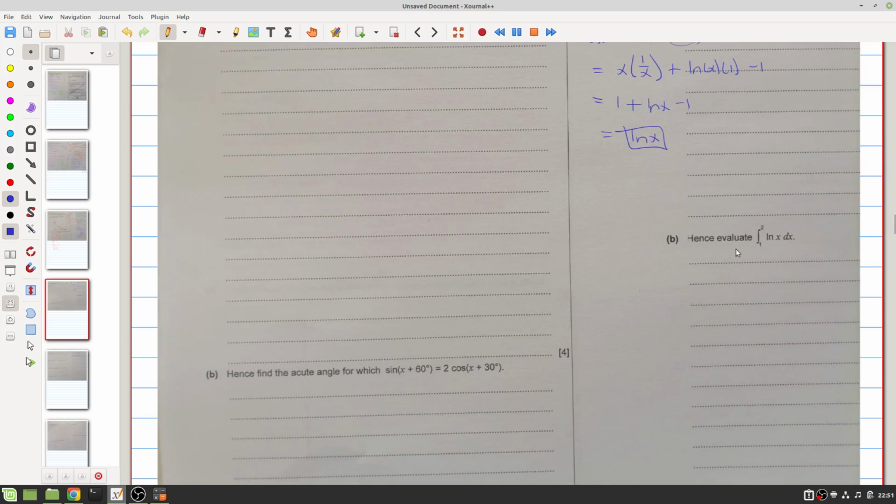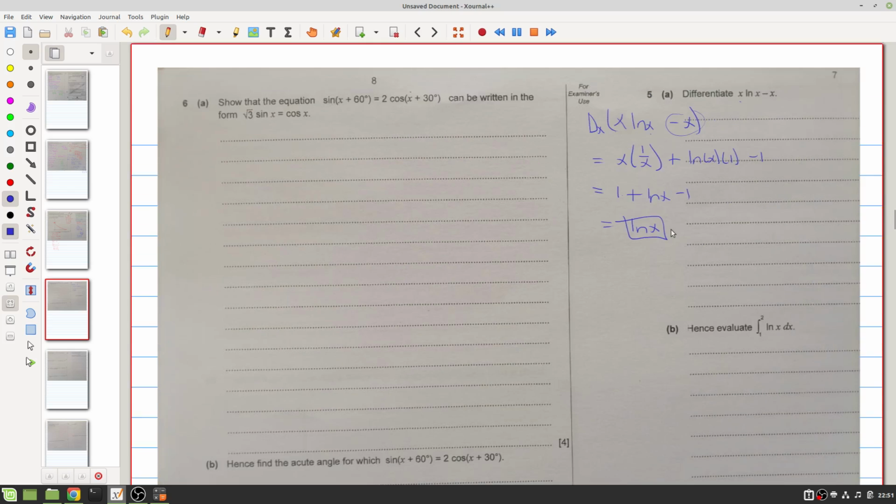Now, hence, evaluate this. Now we have to integrate ln x from 1 to 2. Okay, if we differentiate something, integrating just works the other way around. So we know if we integrate ln x, we get that. So that's a nice help. Let's write on the question. So we're integrating from 1 to 2 ln x with respect to x. If we integrate ln x, we get that, because we know if we differentiate that, we get ln x.